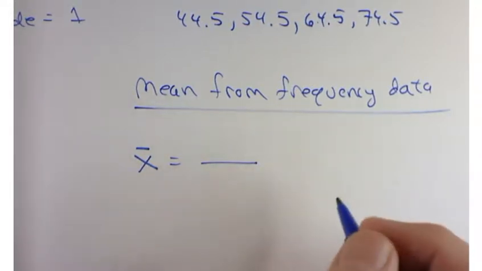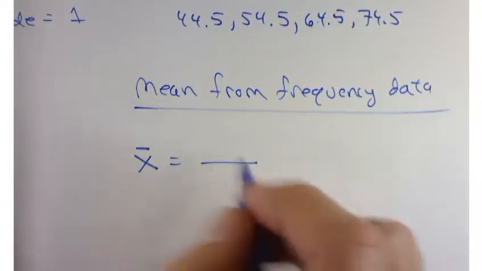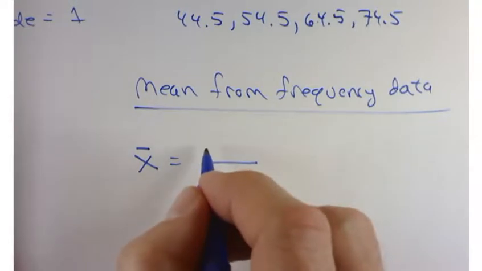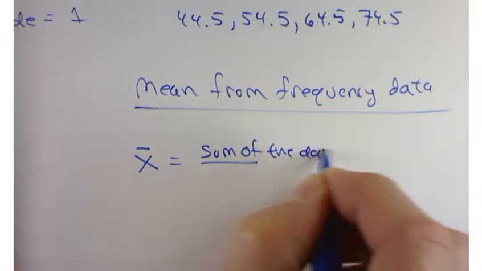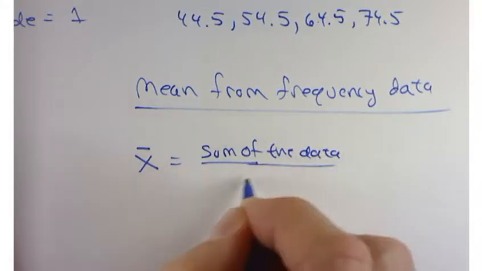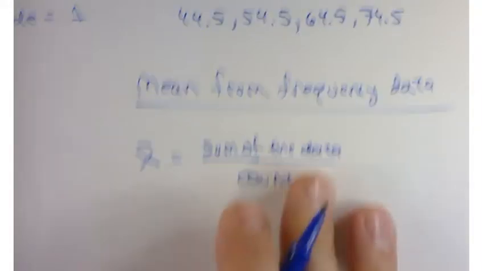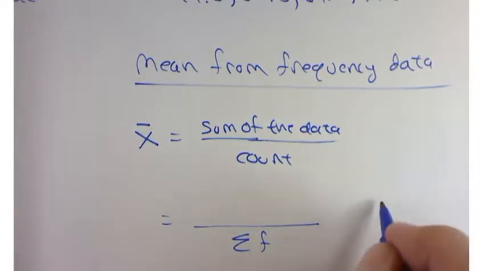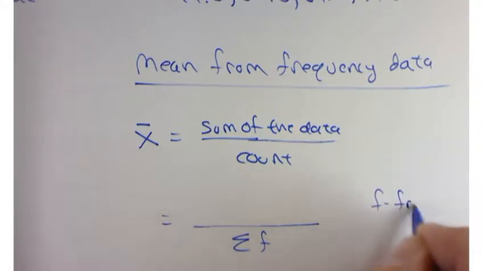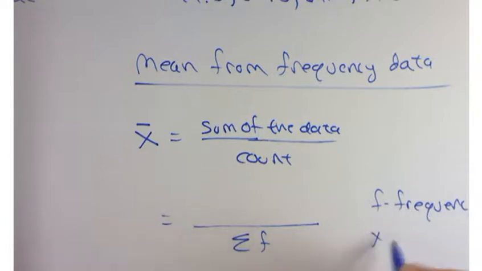Overall, whenever you calculate the mean or the arithmetic average, it's going to be the sum of the data divided by the count. And that's going to be the same thing here. The count, however, is going to be the sum of the frequencies. So F is frequency. And X is going to be the data.